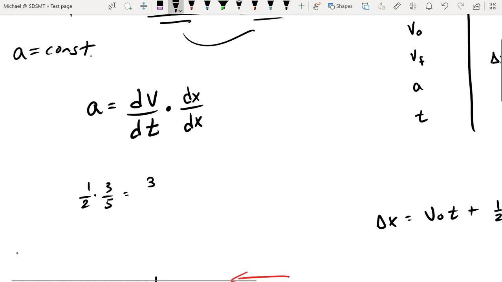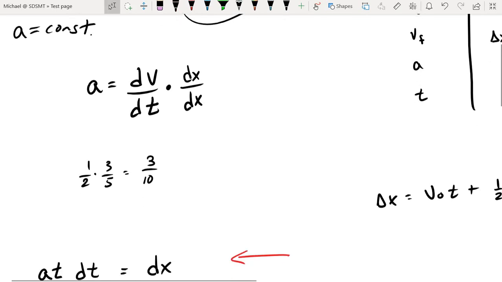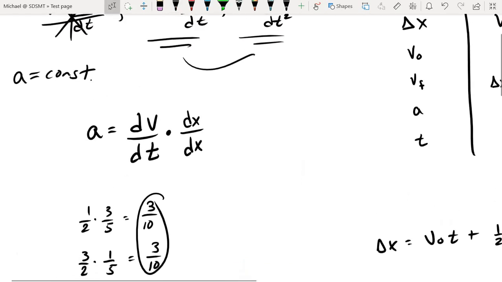So this example here would be 3/10. But is there any difference between that multiplication problem and that multiplication problem? And the answer is no. We can switch around the numerators or the denominators all we want. We're still going to get the same end result. And so that's what we're going to do up here.